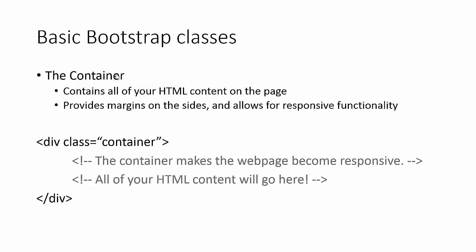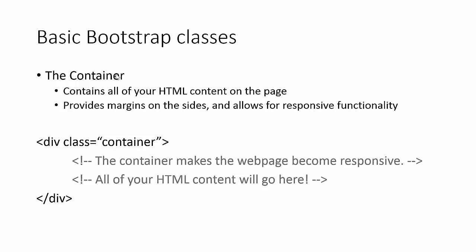With Bootstrap, all of the CSS that they've written, we are going to be able to utilize by applying classes to HTML code in our HTML files. For, I would say, 90% of all of the places we apply the Bootstrap code, we're going to be applying this to div tags.